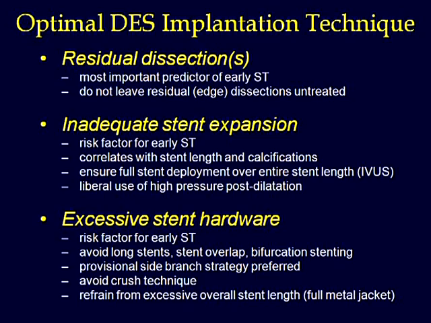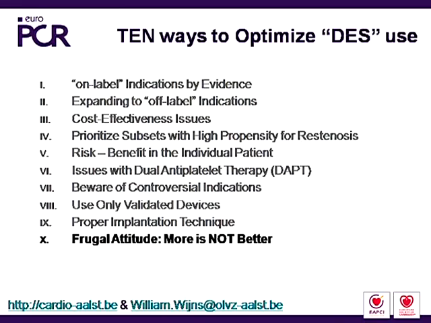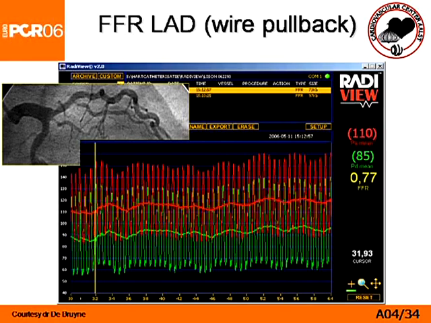We should restrict the number of stents as much as possible. And the final comment is to have a frugal attitude. More is not better. It's not because you put more metal in there that the patient will do better, as was actually shown based on the famous FAME study, the fractional flow reserve measurement.